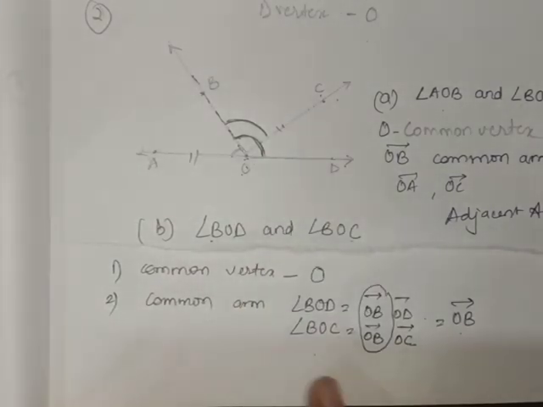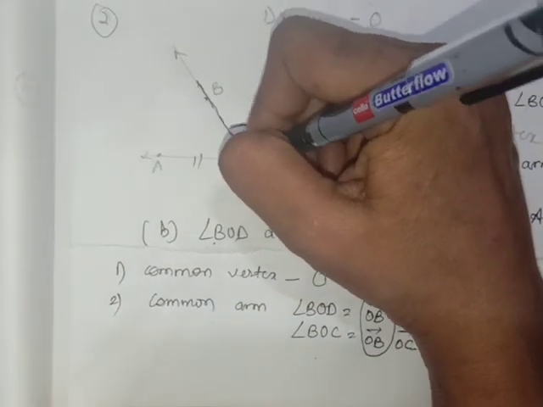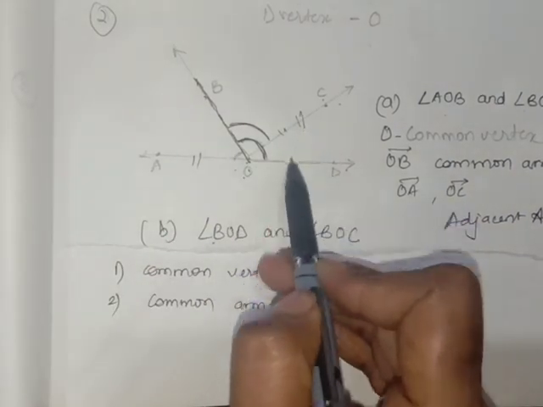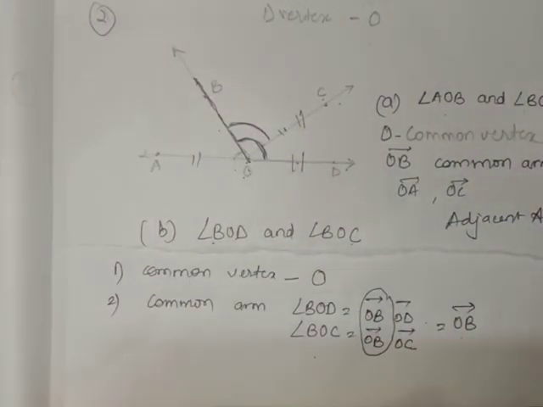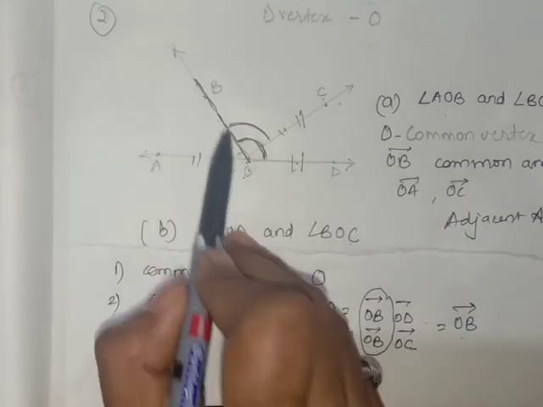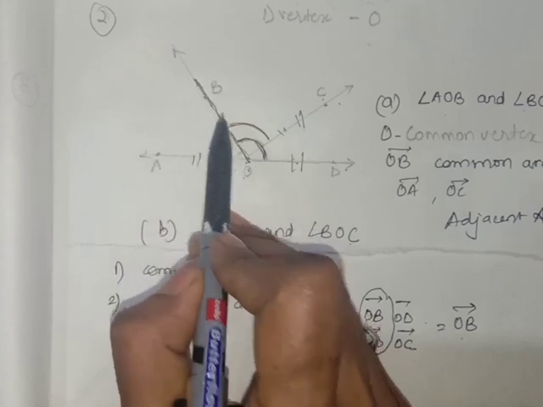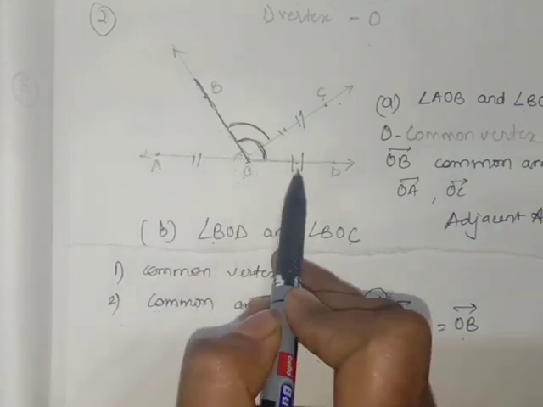So marking OB as the common arm, do the two non-common arms lie on either side of the common arm OB?